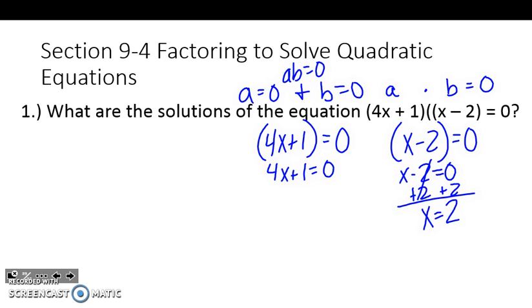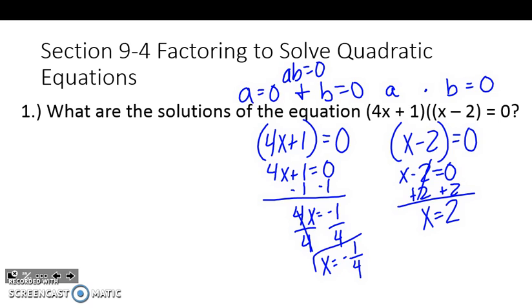That's one possibility for a solution. Divide by 4, so we get x equals negative 1/4. So our two answers to this problem are x equals 2 and x equals negative 1/4.